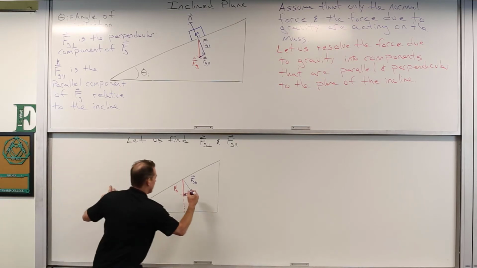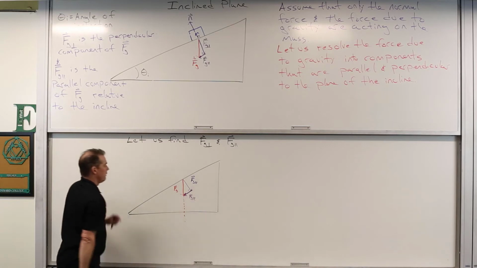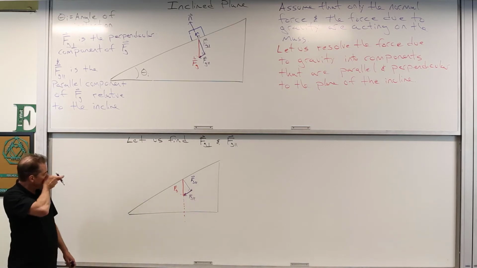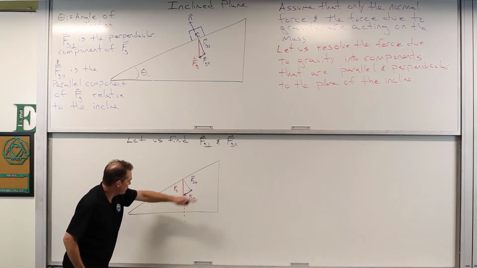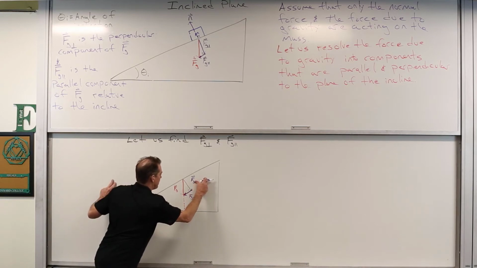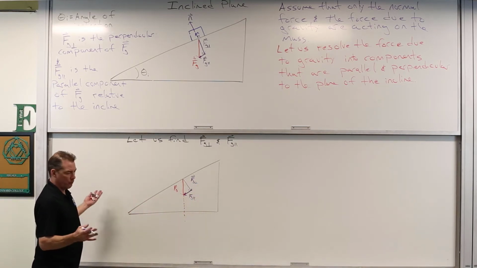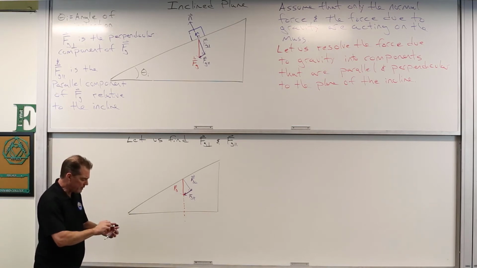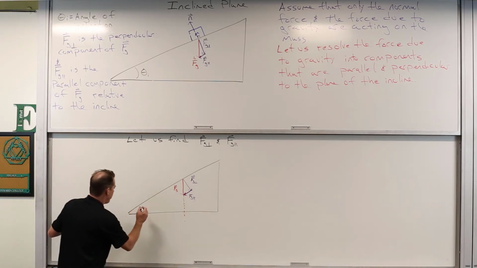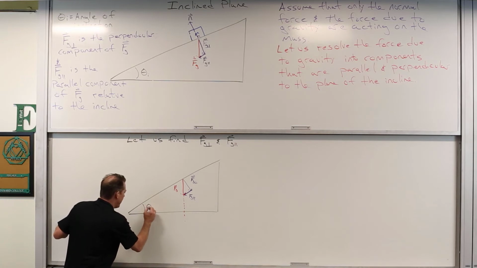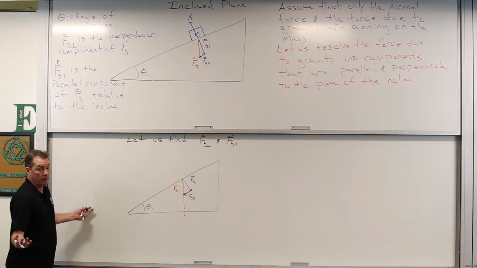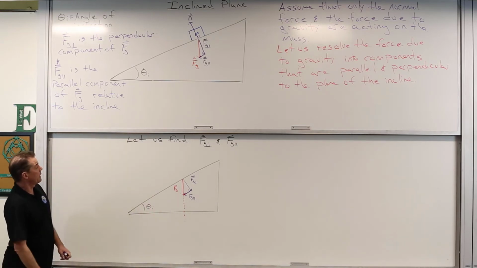And with that, again, that is a nice right angle between F sub G perpendicular and F sub G parallel. And what do we have? We can start writing in some angles here. First off, the angle of the incline we'll call, again, theta sub I, just like we had up there.